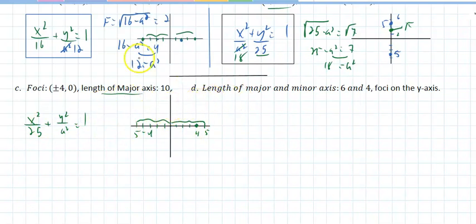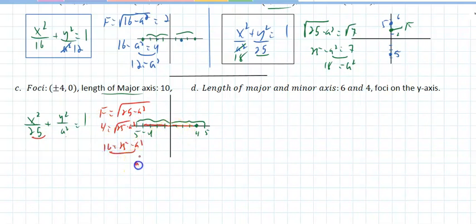And now I need to use this foci business. Foci is the square root of the larger minus the smaller, since the stretching is along the x, 25 is bigger than a squared. That is 4 units. Square both sides.